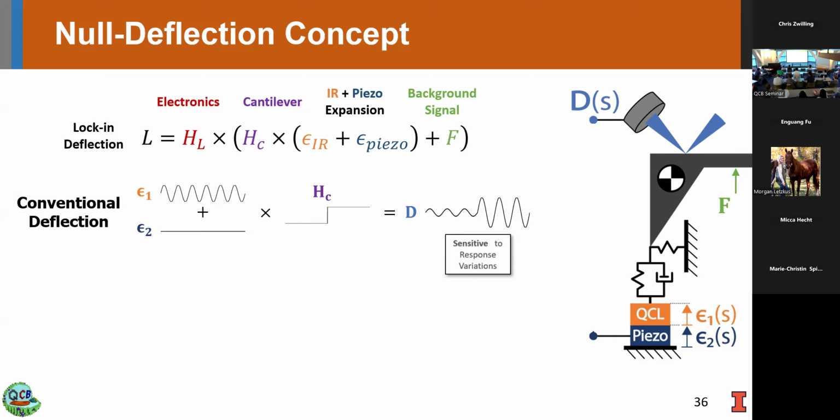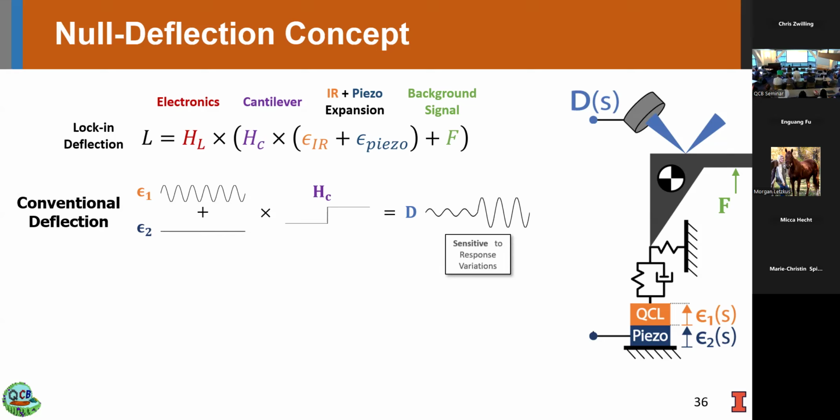Following the model, the sum of these two signals is then amplified by the cantilever's response, which we've shown here as a step response. This can be induced by basically any mechanical change in the system.